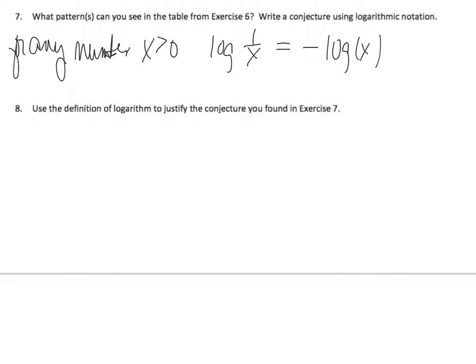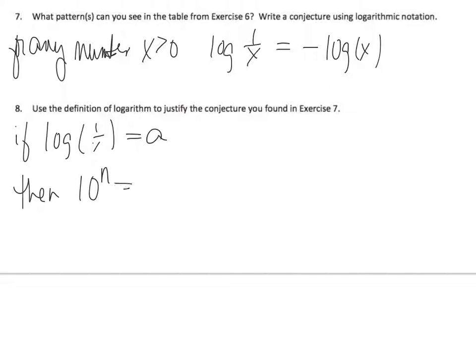So use the definition of logarithm to justify the conjecture. Well, I can say if log of 1/x equals n, then 10 to the n equals 1/x. Then 10 to the negative n equals x.